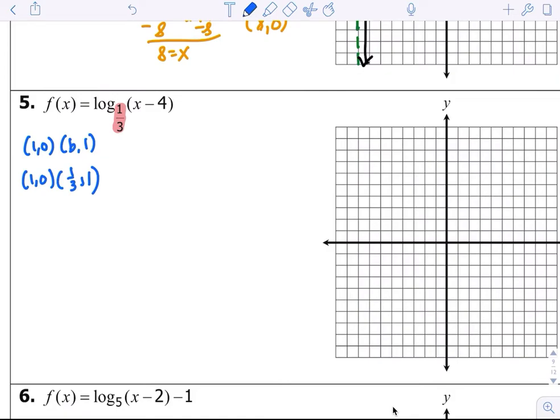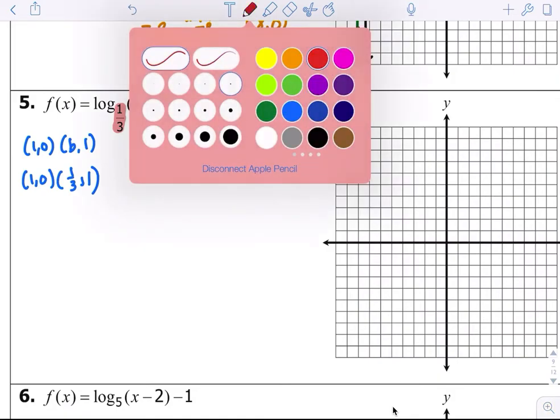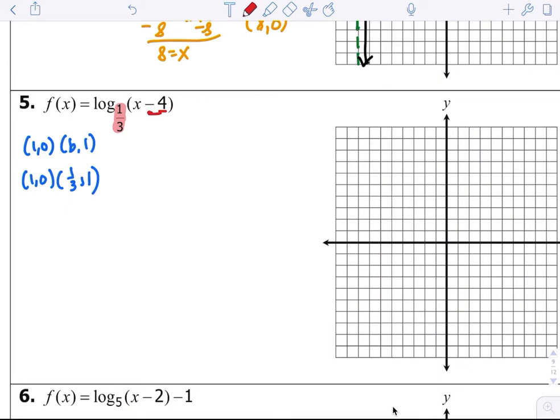All right, so now we're going to look at our transformations. This one right here is right 4, which means your parent function's coordinates are going to add 4 to the x coordinates only. So we're going to have 5, 0. Now 4 plus 1/3, so 1/3 plus 4 over 1. To get the common denominator, multiply top and bottom by 3.